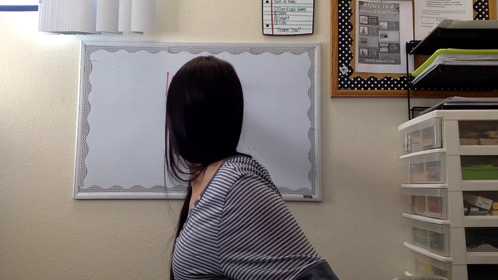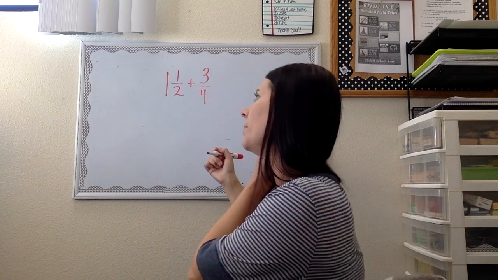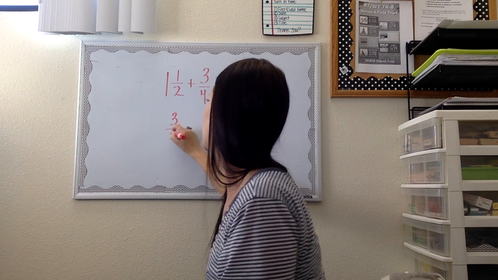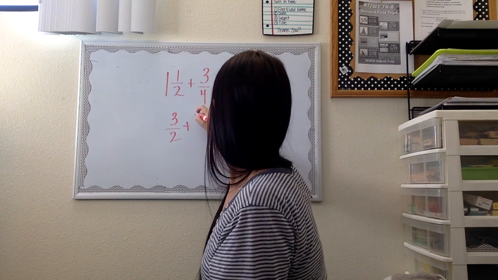All right, number 42. Number 4. An art teacher has 1.5 pounds of red clay and 3/4 pounds of yellow clay. So we're going to first figure out how much clay this teacher has in total. So 1 times 2 is 2 plus 1 is 3, plus 3/4.